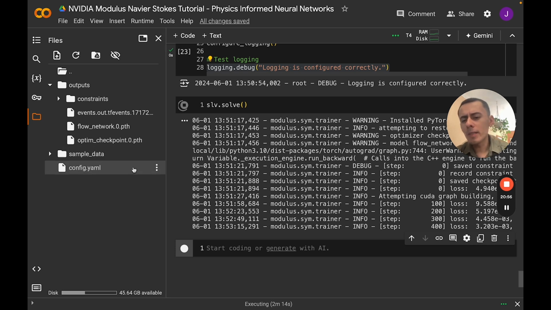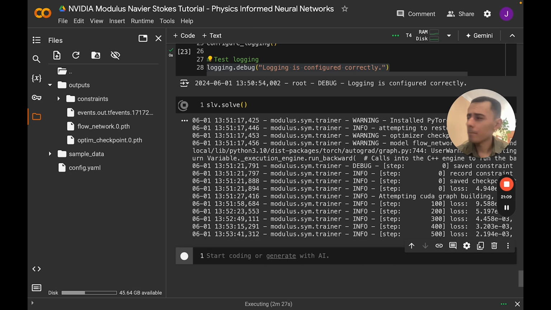Then you have the optimal checkpoints and the flow network. I think the one we care about there is the flow network file. Yeah, we care about the flow network file. Okay, so from that file we can load the weights.